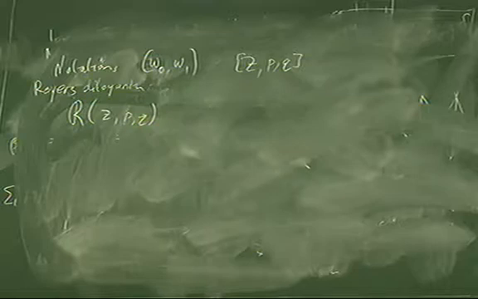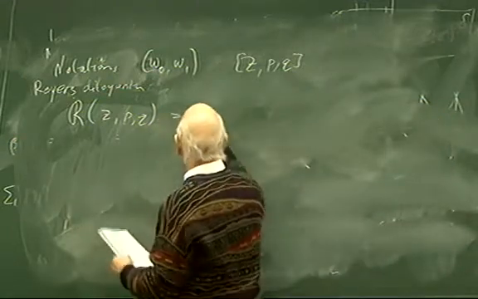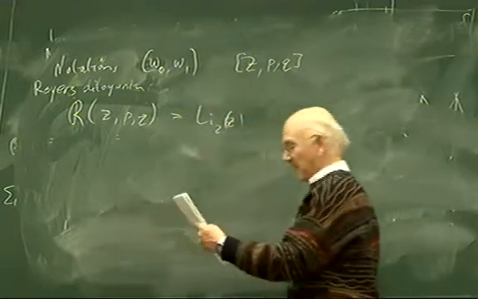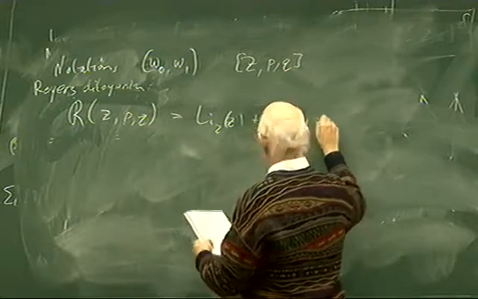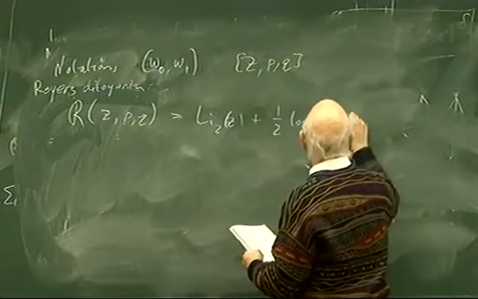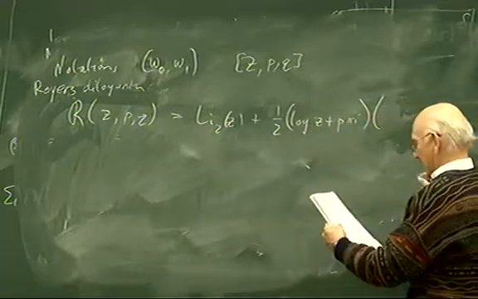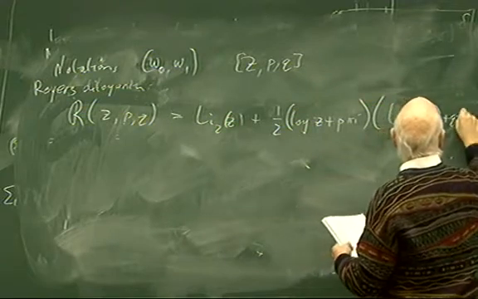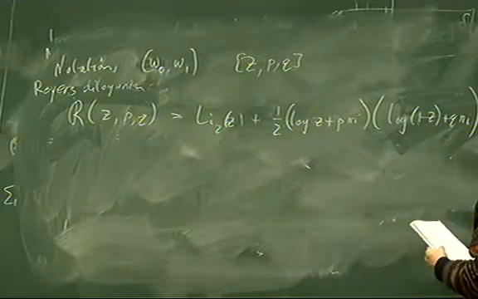I should use my notes. So this is, again, I use the standard dilogarithm and just adjust it. And the adjustment is a half of log Z plus P pi I times log 1 minus Z plus Q pi I minus pi squared over 6.